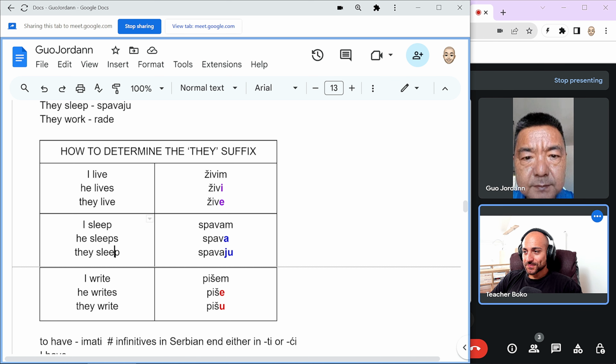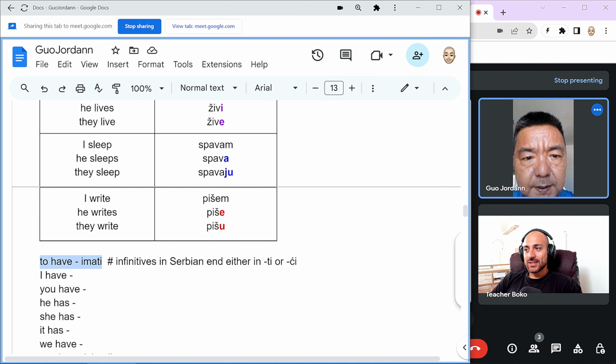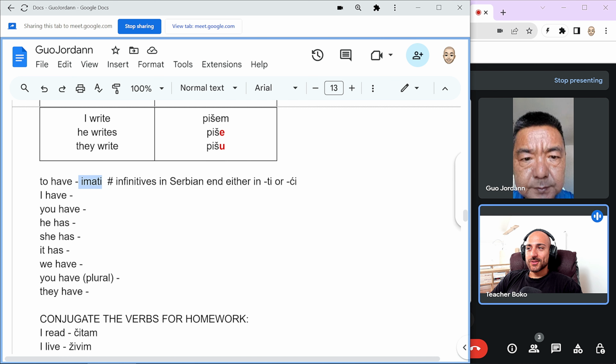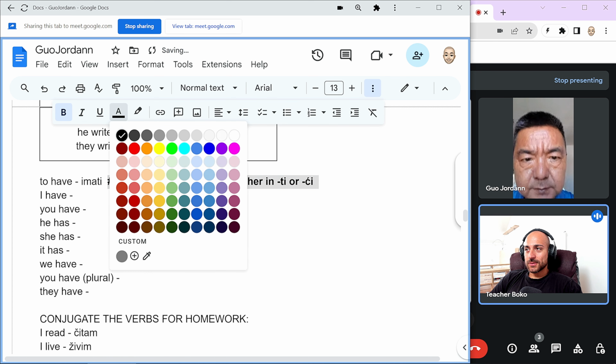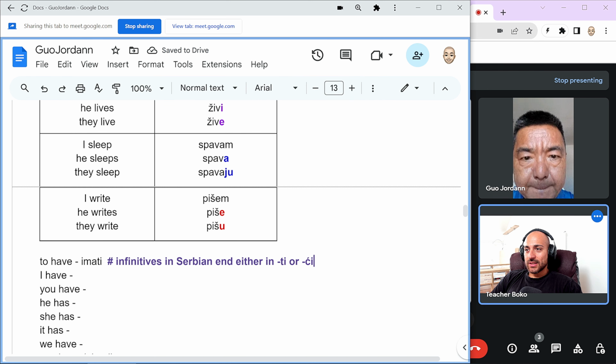Ima, imaju, that's the verb that I put here. Imati, yeah. So that's the infinitive form. So the infinitives in Serbian end either in t or ći.